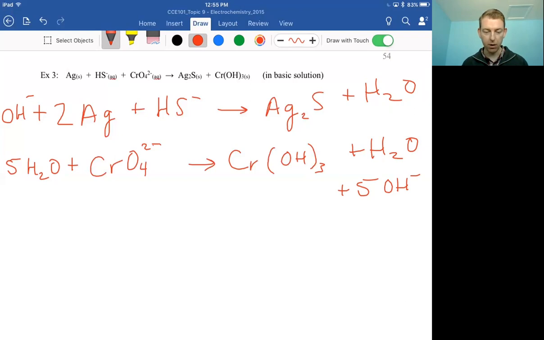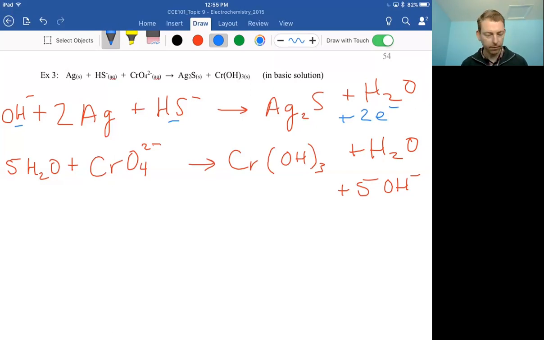Okay, and now we're ready to balance the charge on both of these sides. So what do we got? Let's look at the silver line. So we've got one negative charge here and another negative charge on the hydrogen sulfide. The ones on the product are neutral. So let's add on 2 electrons onto that top row to balance the charges there.